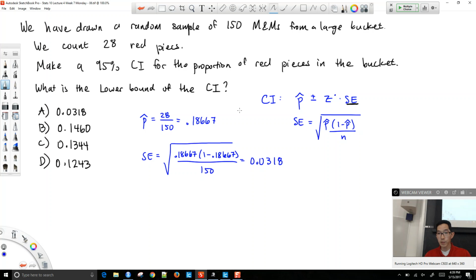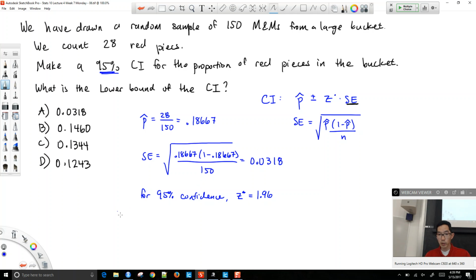I need to figure out my z star, and that's going to be based on 95% confidence. Z star is equal to 1.96. So we've got z star and we've got p hat.